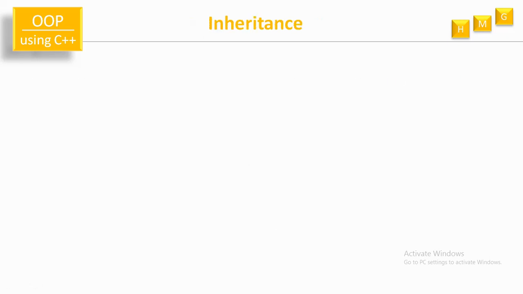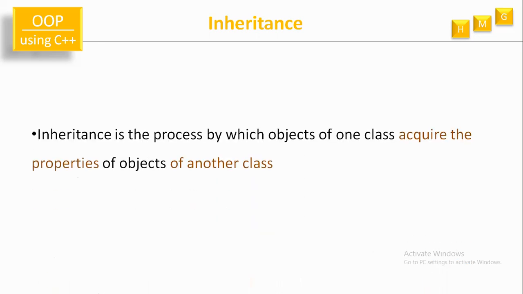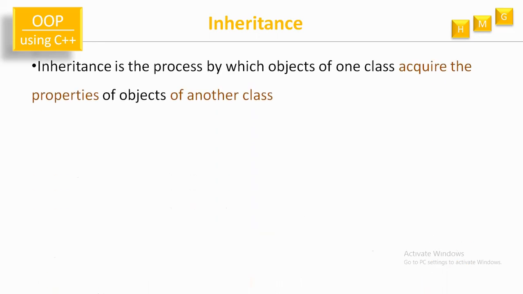The next concept is inheritance. What is inheritance? Inheritance is the process by which objects of one class acquire the properties of objects of another class. So there is a relationship between two classes.